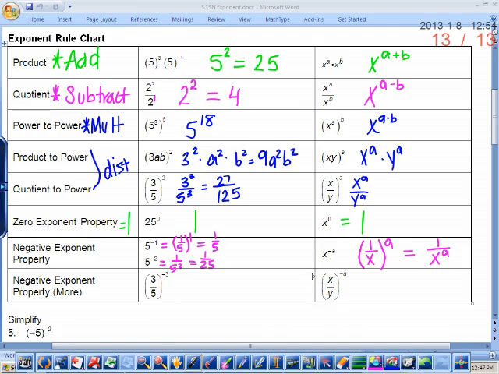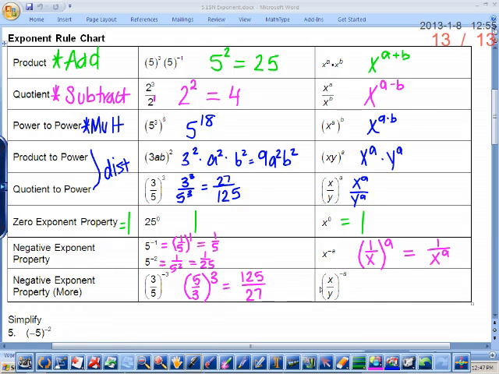All right, look at the next one. 3/5 to the negative third power. What are we going to do with that 3/5? Yeah, we're going to flip it. So this is going to become 5/3 raised to what power? Positive 3. So then we distribute. So 5 cubed is 125, and 3 cubed is 27.